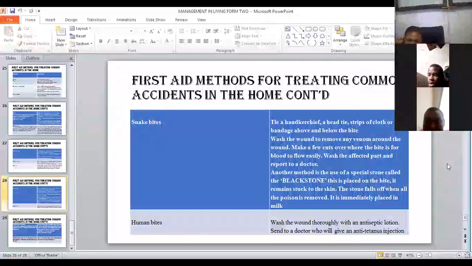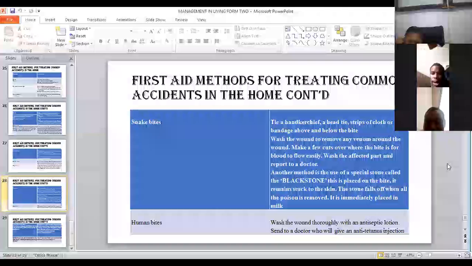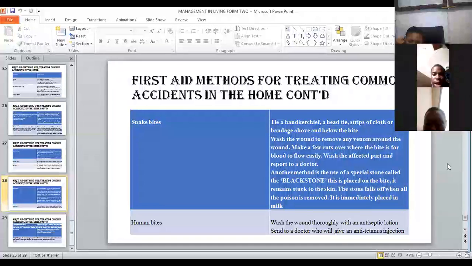Now, there used to be a special stone. Please, I also heard that you can let the person keep the feet below the heart level without even using anything on it.